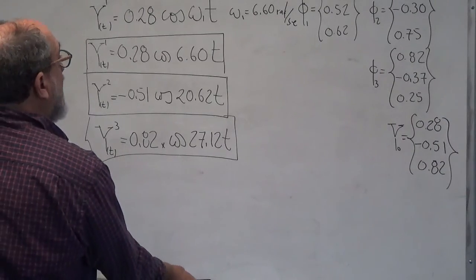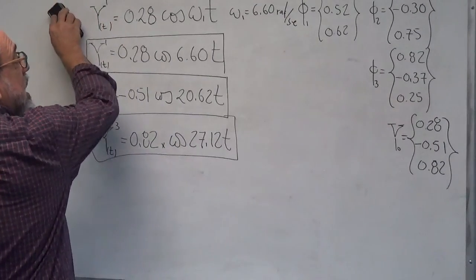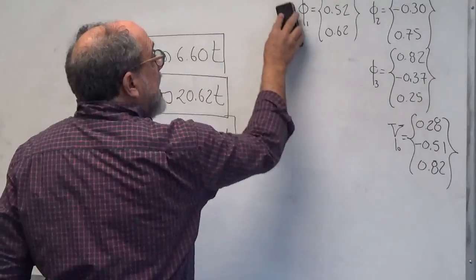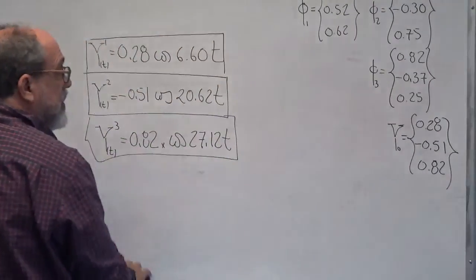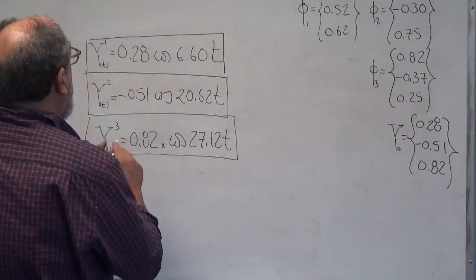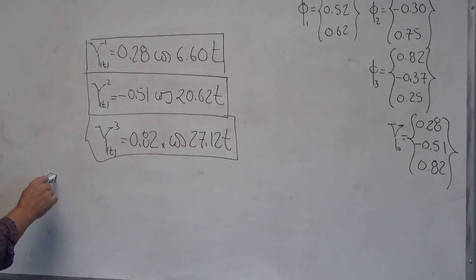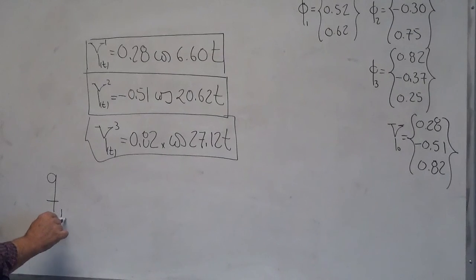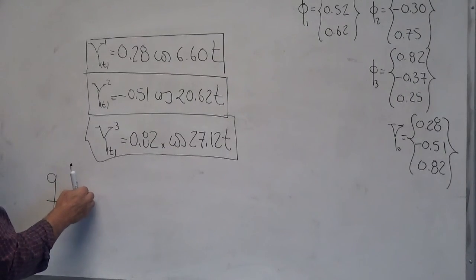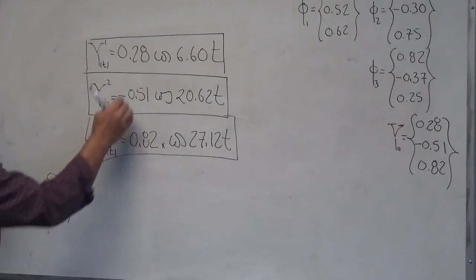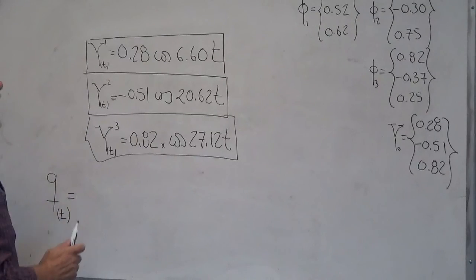Now, if we want to say what is the response of this building, let's see, I should write it here. What is the actual exact response due to this free vibration? Well, q of t is equal to phi y, which is the sum of phi 1 times y1 plus phi 2 times y2 plus phi 3 times y3.